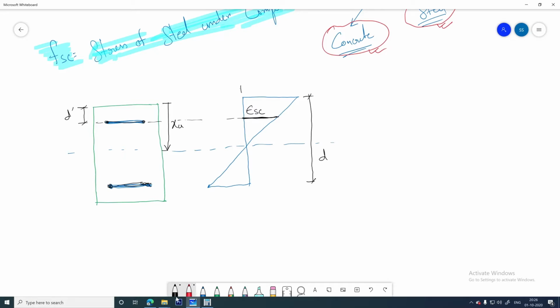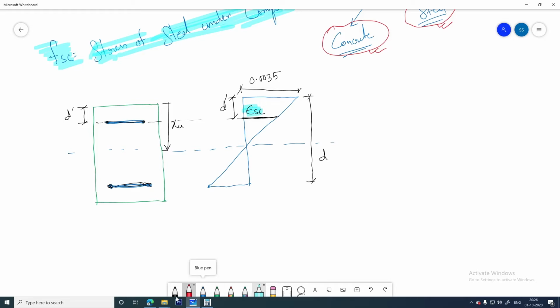The strain value at the extreme top is 0.0035, and this distance is D dash, I have already told. So when you have each and every data, you can determine this epsilon SC.